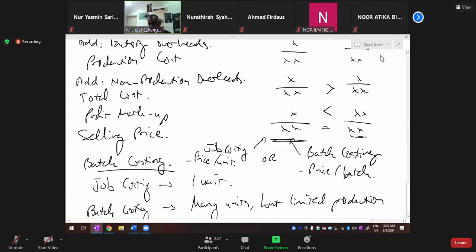Under the batch costing system, we don't need to work out the cost one by one. We calculate the batch. In the end, if you want to find the cost for 1 unit, very simple. Take the total cost and divide by the number of units. You get the cost per unit in that batch.